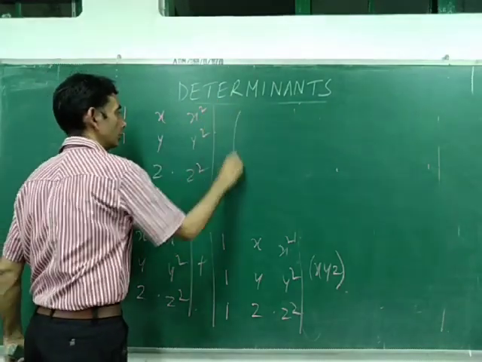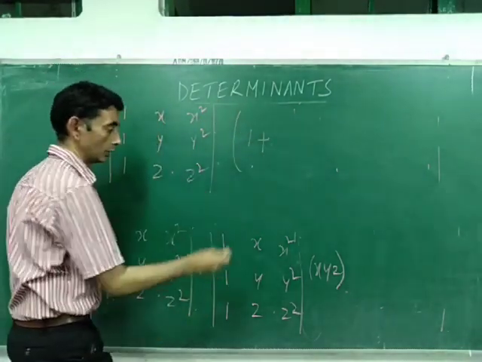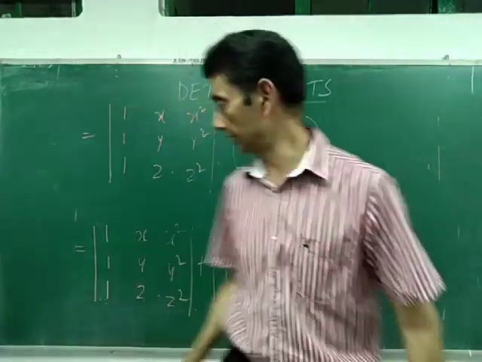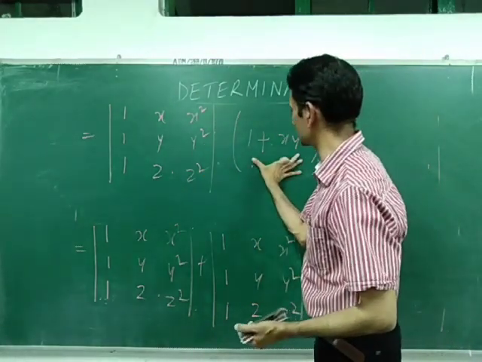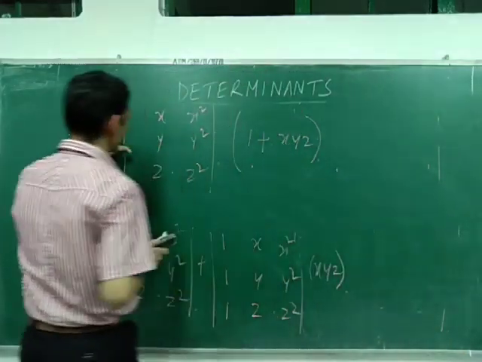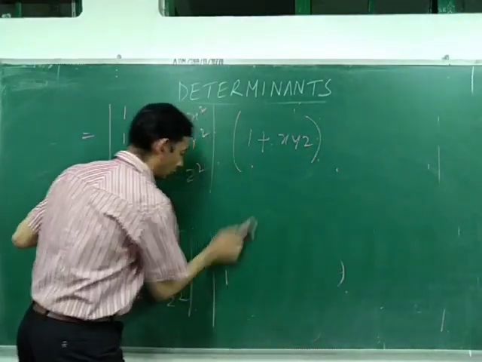If we take it common, 1 is left out, plus only x, y, z is left out. So this whole thing gets simplified to this expression. We don't need to worry about that; we only need to worry about one determinant, which we are going to simplify.